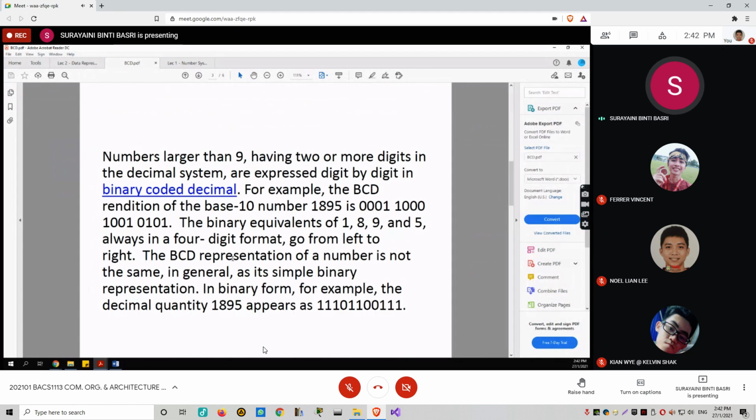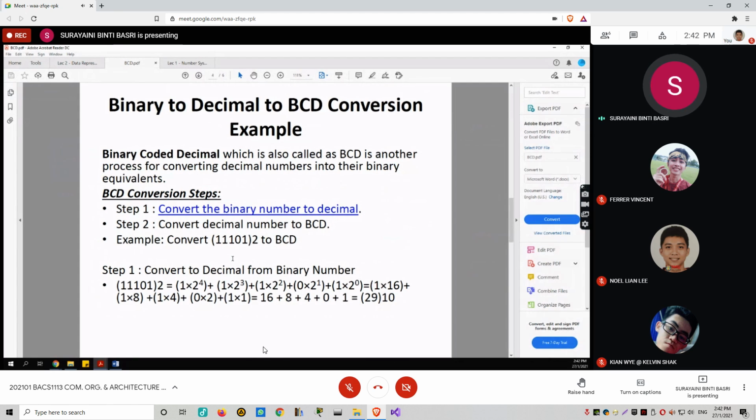I will directly go to the steps of converting the binary to decimal and then lastly to BCD. In order to convert the binary number to the BCD, you need to convert the binary number to decimal first. After that, then we can convert the decimal to the BCD. So these are the steps.